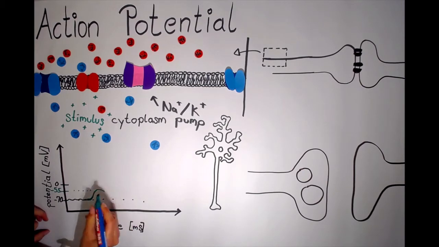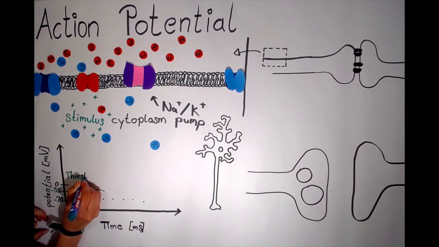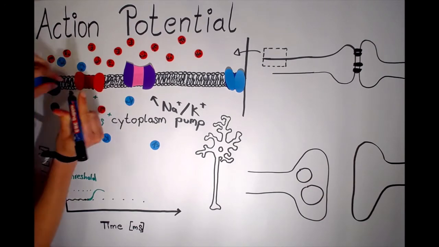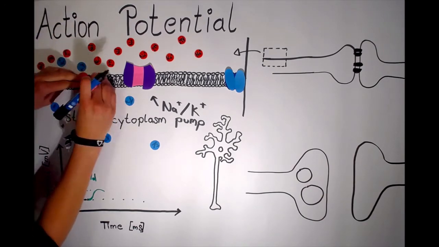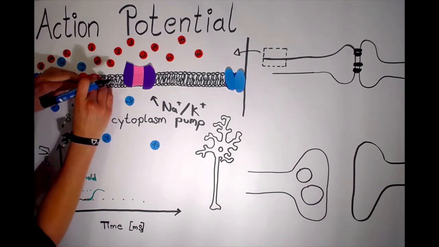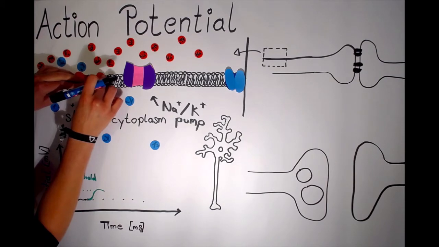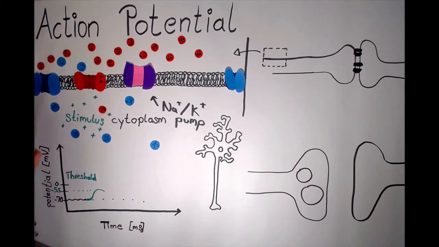This threshold potential needs to be overcome because it is sensed by voltage-gated sodium channels. These channels were closed at resting potential, but when the membrane threshold potential is reached, they open. A positively charged alpha helical domain within the channel is repelled by the new positive charges in the cytoplasm, and it relocates within the channel towards the extracellular space.